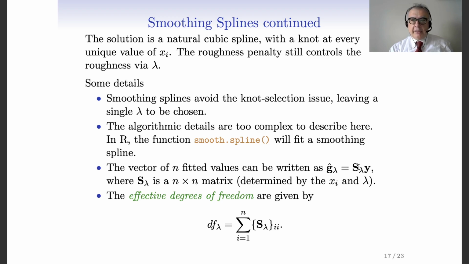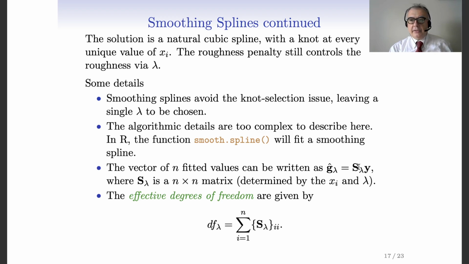As a matter of fact, if you are performing regression by smoothing splines, you will have to choose the regularization parameter lambda, and it might be you obtain lambda, say, equal to 1000. Is this a large value? Is this a small value?